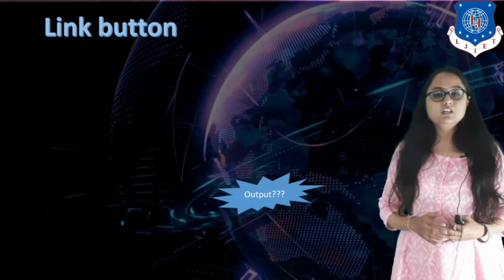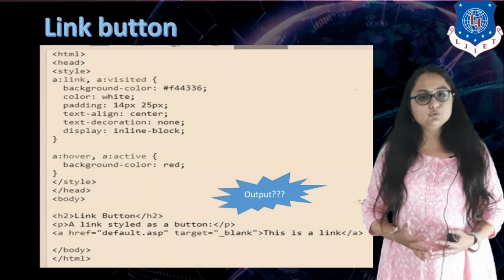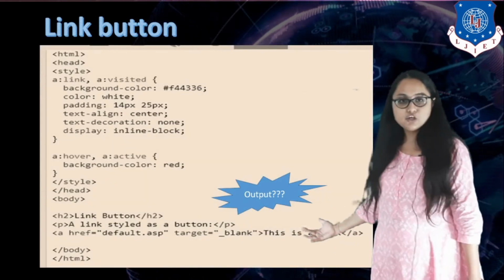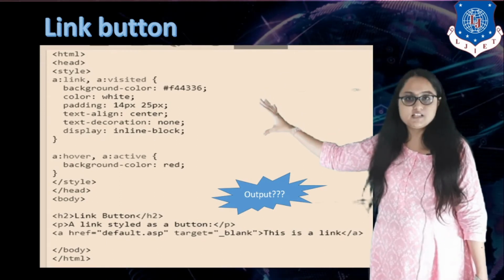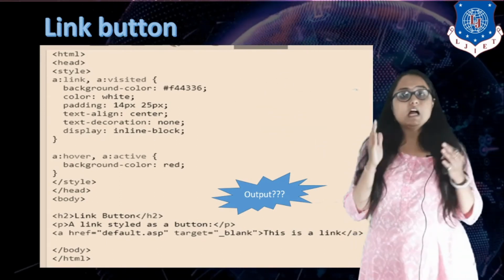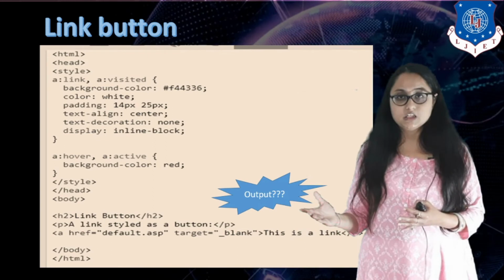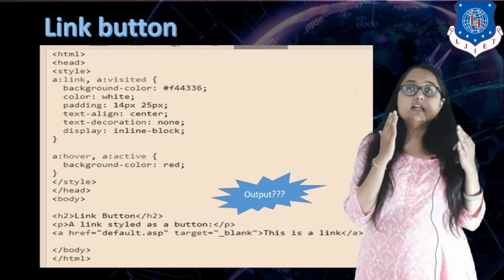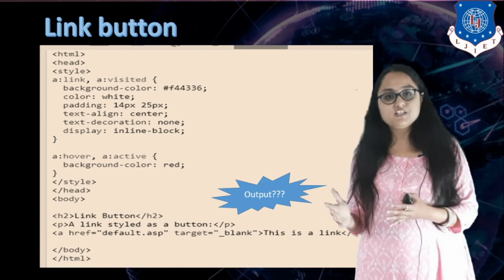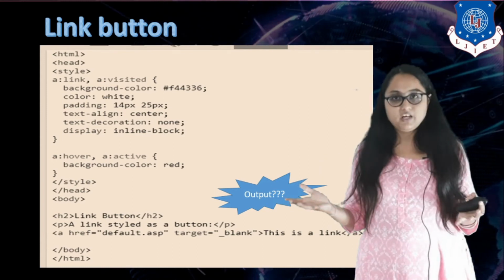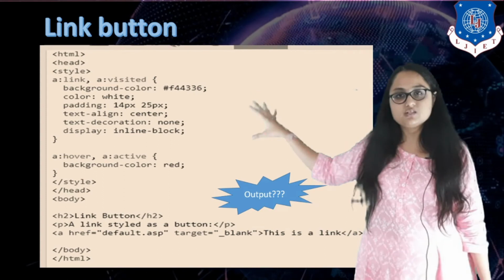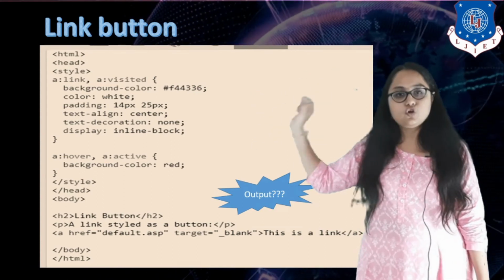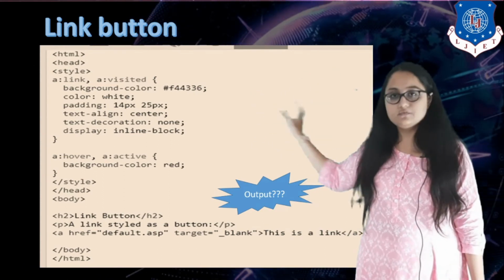Now if you want to create a link button, that is also very easy to create. You have a hyperlink, and you can specify many things for this hyperlink. Here you can see that I have used two pseudo classes with a comma separator. You can do such things, for example, for link state and for visited state, if I want the same styling, you can use a:link, comma, a:visited, right?